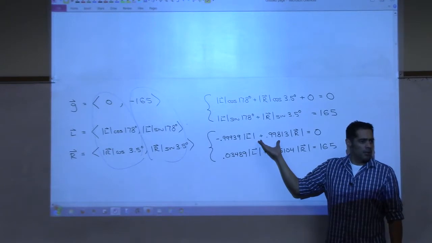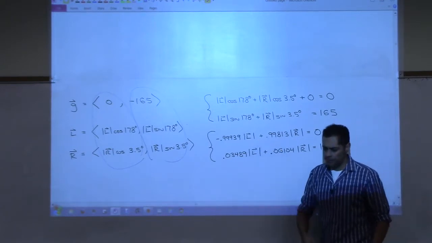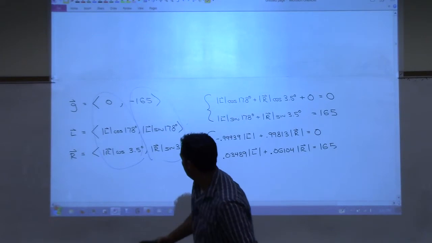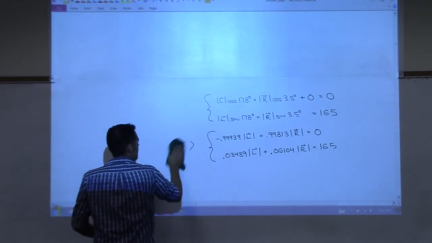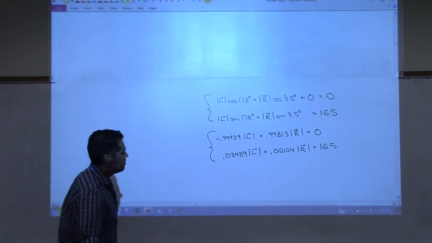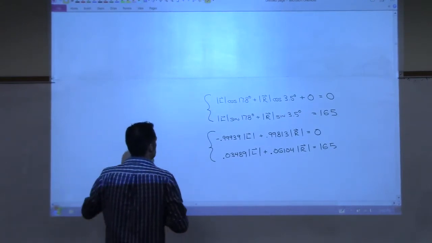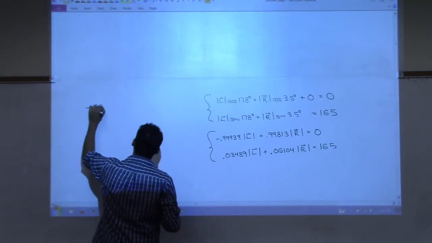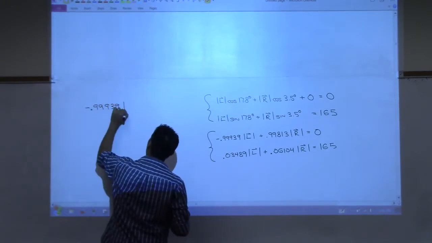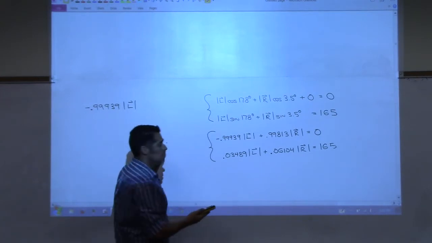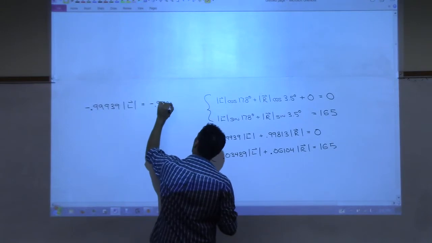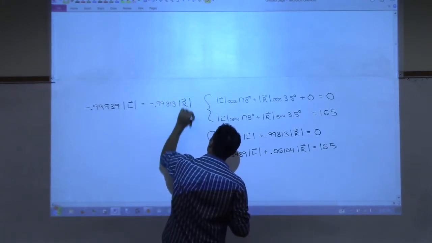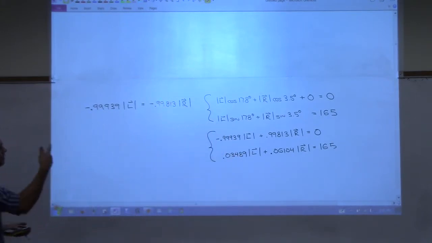So yeah, let's just solve this top one. You want to solve it for L? Yeah, solve it for L. So that means I'm going to take negative 0.99939 magnitude of L, and then equals negative 0.99813 magnitude of R. Just move that over to the other side, and then divide.